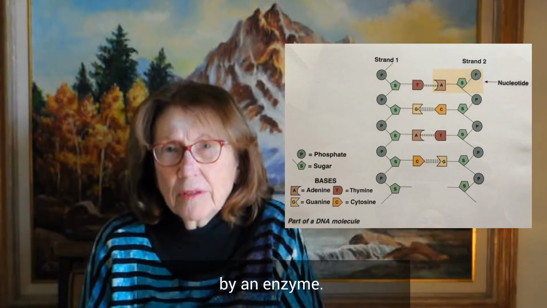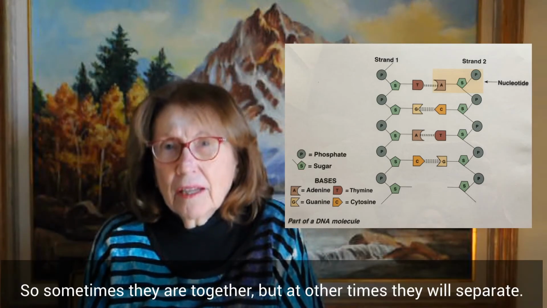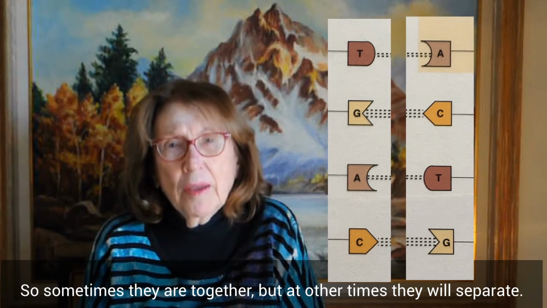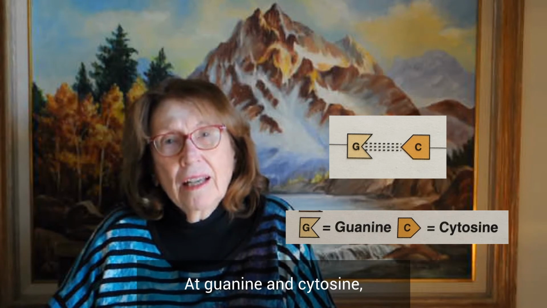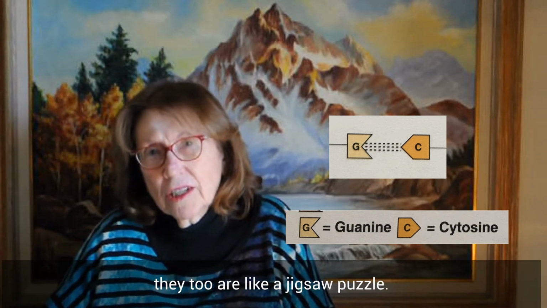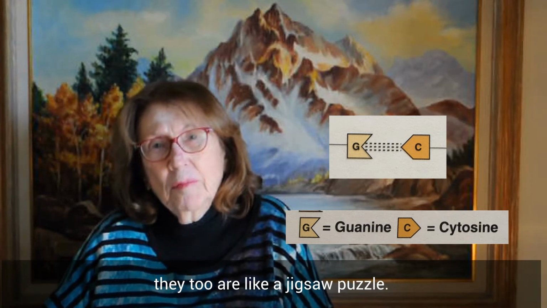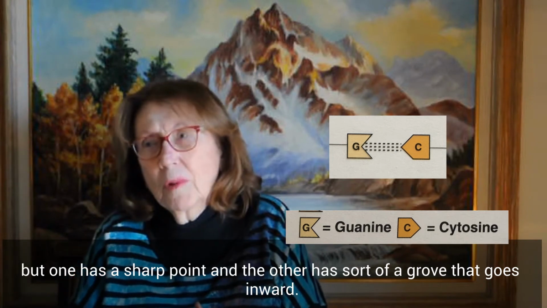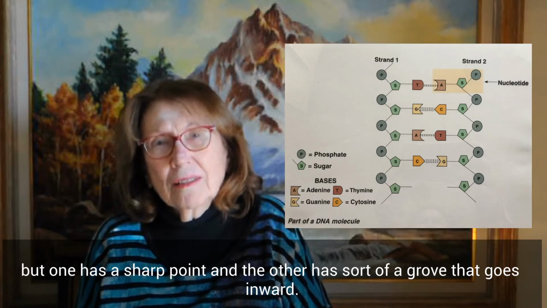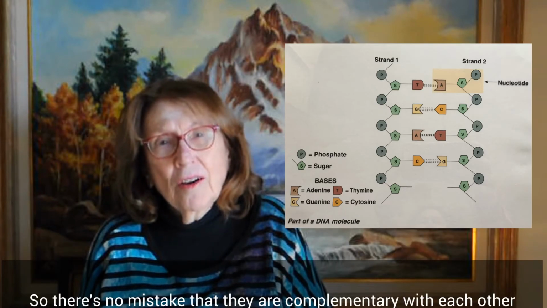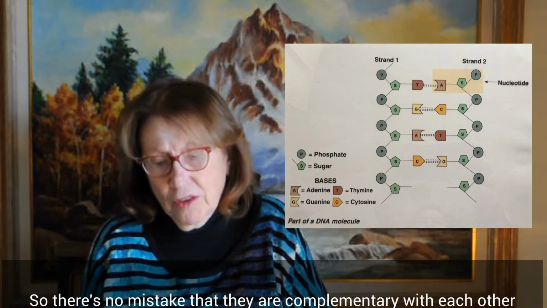So sometimes they're together, but at other times they will separate. Guanine and cytosine, they too are like a jigsaw puzzle, but one has a sharp point and one has sort of a groove that goes inward. So there's no mistake that they are complementary with each other.